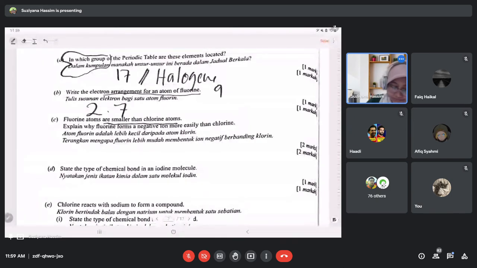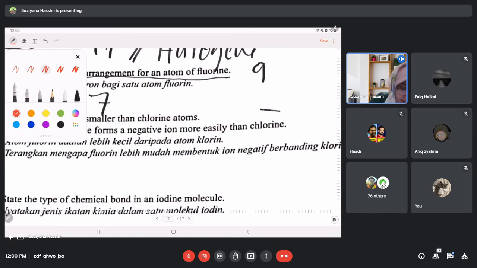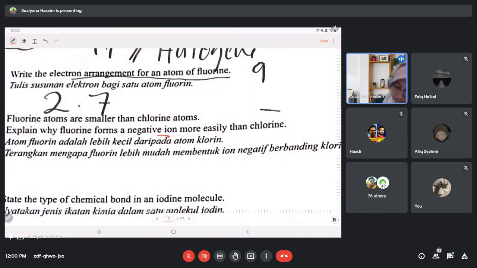Correct. Explain why fluorine atom form a negative ion more easily than chlorine. You can see the word. Saya padam balik. The key point here, sayang. You can see here, form negative ion more easily. This is the tendency.